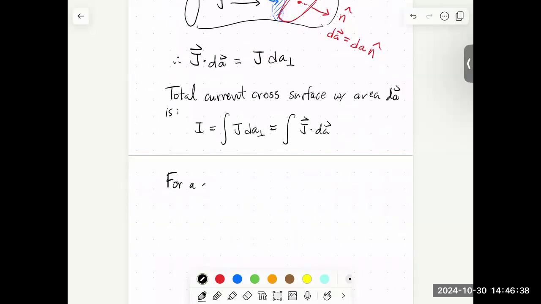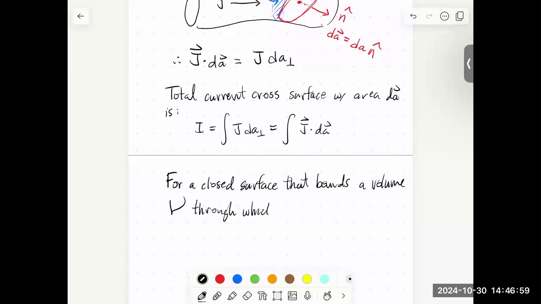So for a closed surface that bounds a volume, I'm going to try to write some volume as a script V through which J flows.